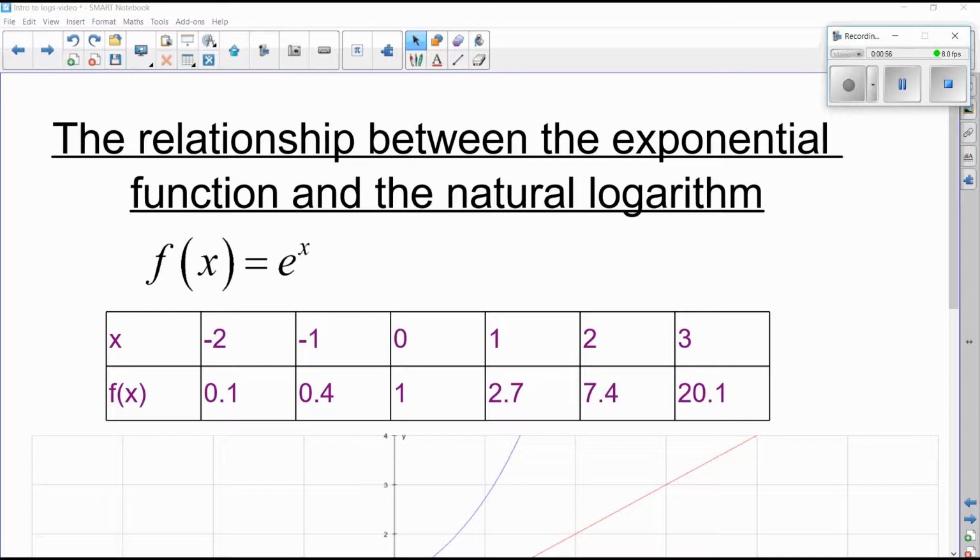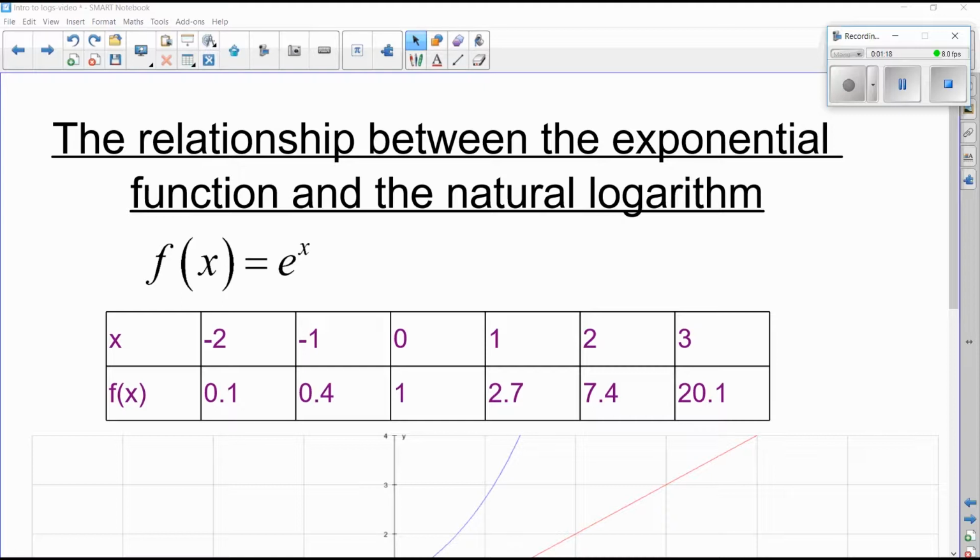In each situation, I have rounded off the answers to 1 decimal place. It's very inaccurate, but it helps me draw the graph more easily on the Cartesian plane. So when x is -2, I've rounded the answer to 0,1. When x is -1, I've rounded the answer to 0,4.